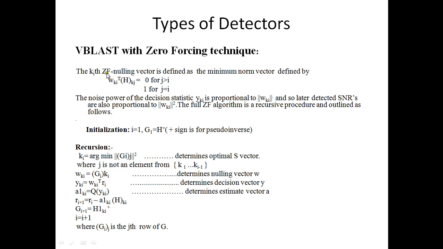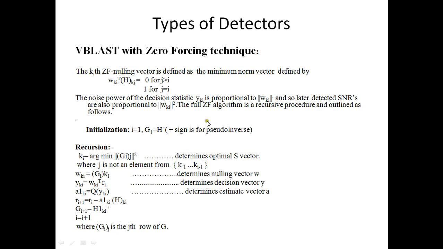In case of zero forcing, this is the nulling vector definition that we use. Now, the noise power of the decision statistic y is proportional to the norm of this nulling vector, and so later we will find that the SNRs also will be related to the norm of the nulling vector.